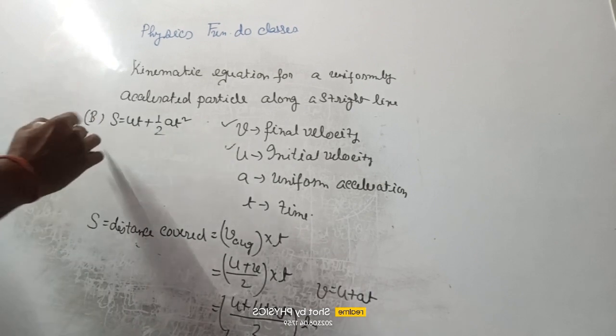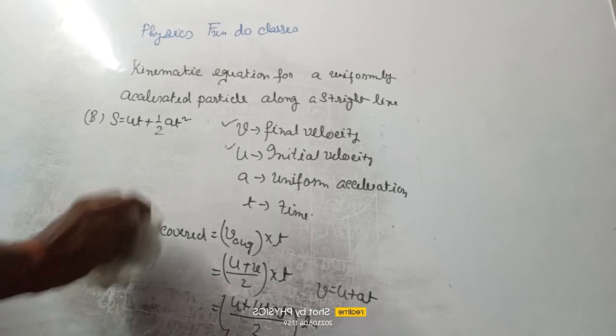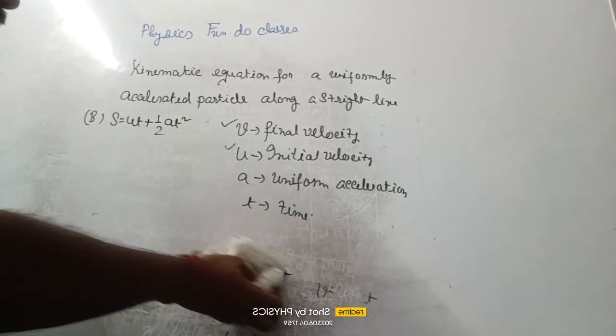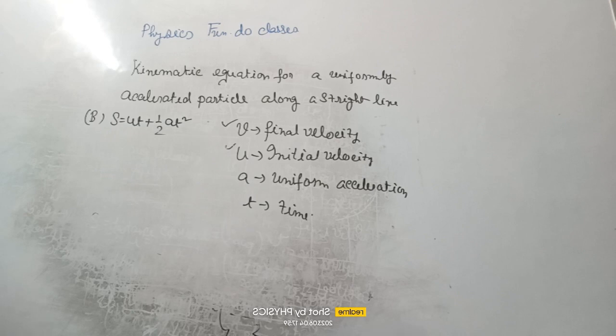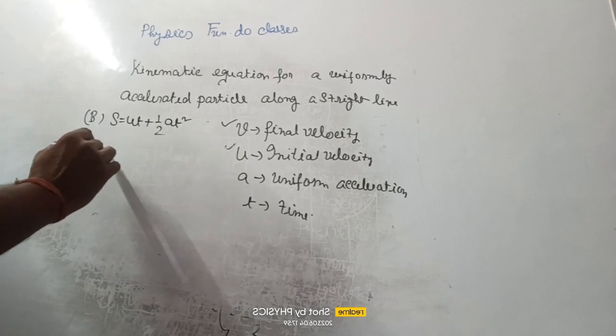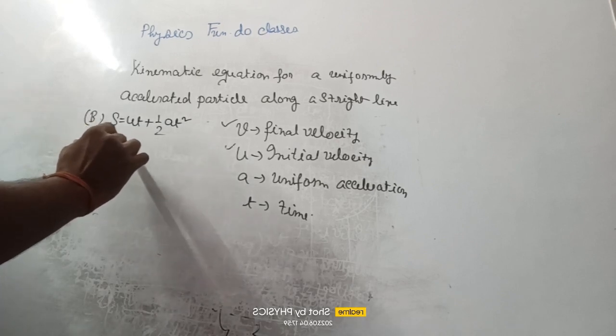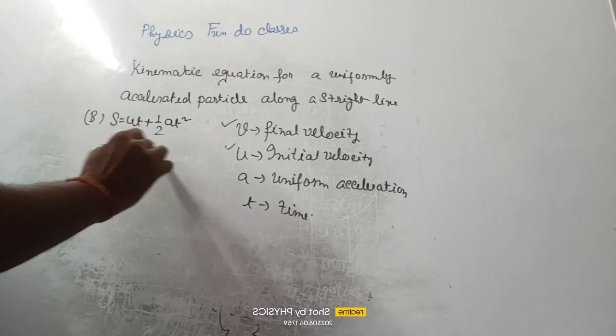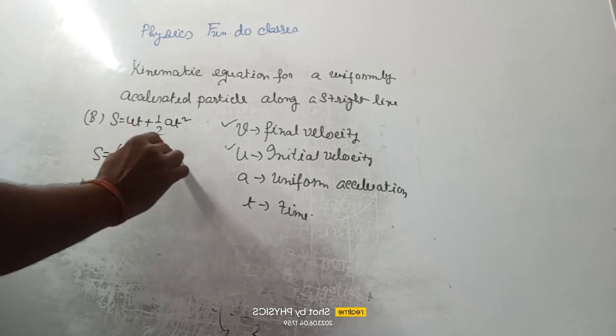So s is equal to 2u plus at by 2 into t.